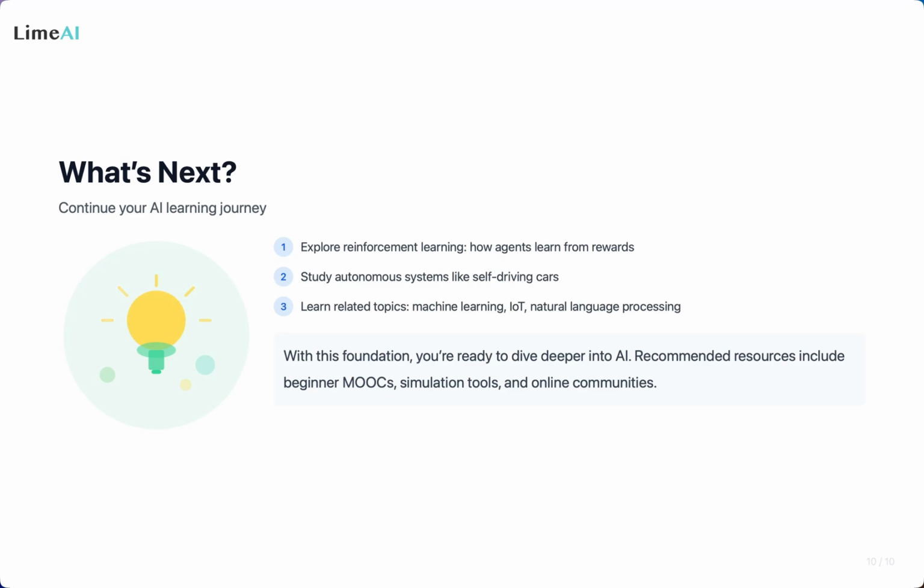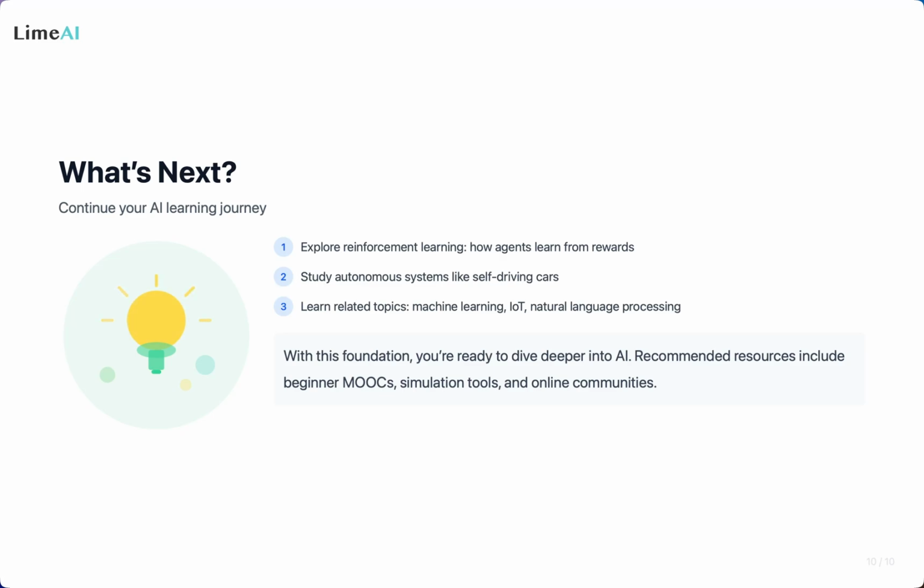You might also explore related fields like machine learning, which powers the brain of many agents, or natural language processing, which helps agents understand human speech. For learning resources, check out beginner-friendly courses like AI for Everyone on Coursera, or try simple simulation tools like Scratch AI to prototype agent logic.